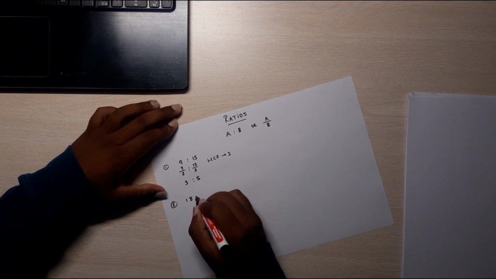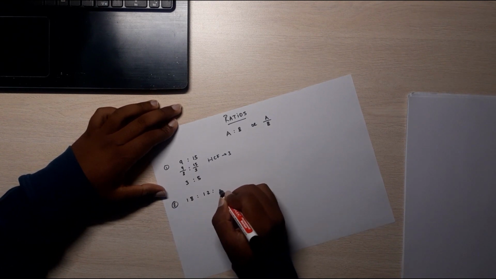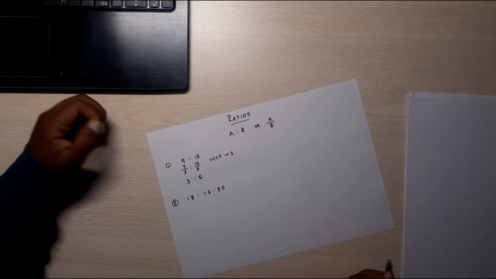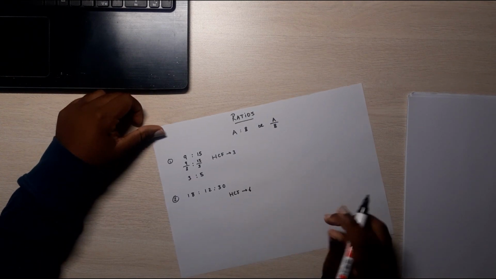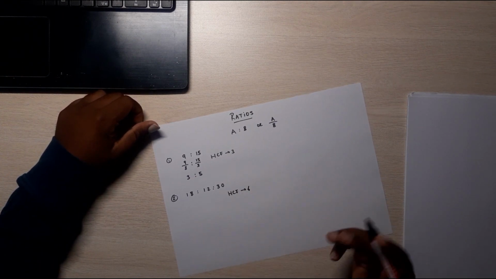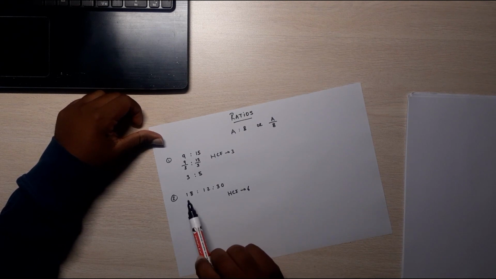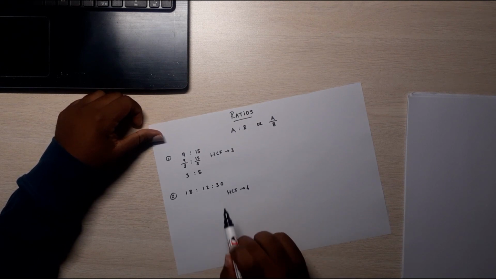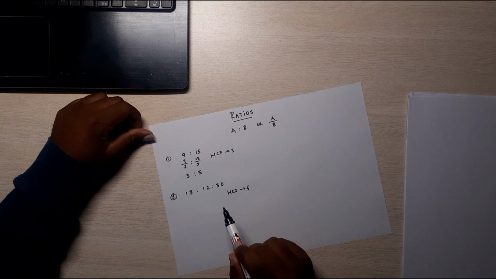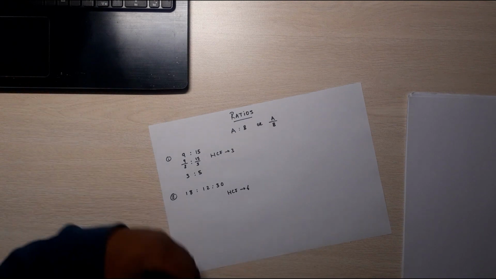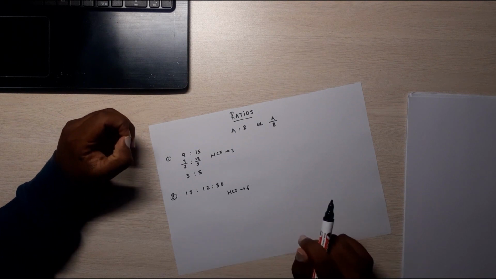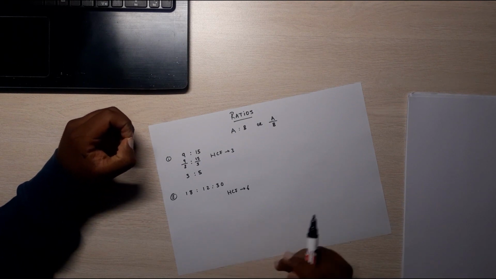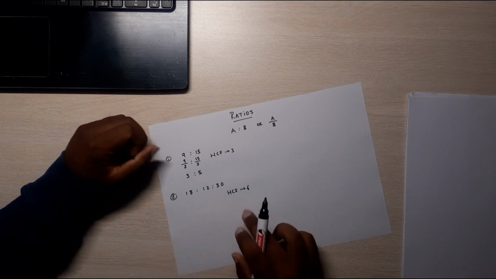The second example I'm going to do is 18 is to 12 is to 30. What's the highest common factor here? 6. What I recommend is that before you follow with me, figure out what the highest common factor is. Use the other methods. The more practice you get, the better. You can use the ladder method, you can use the other method, as long as you find the HCF.